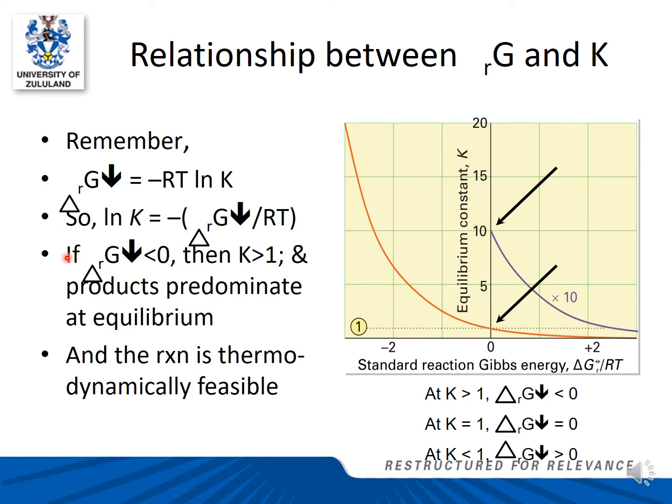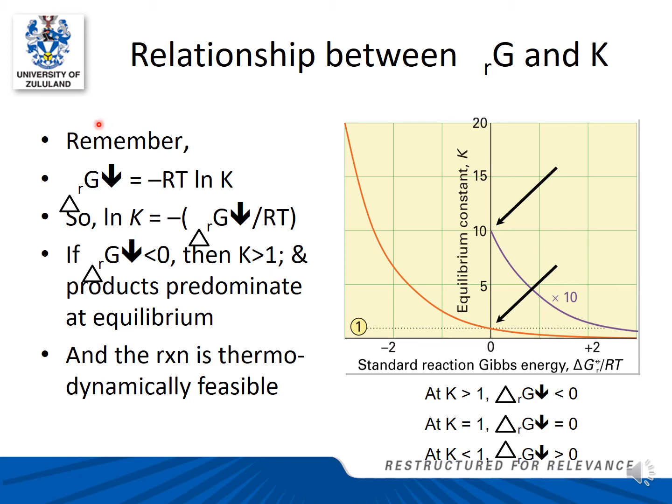But if we want to summarize this particular slide using the graph on the right-hand side, we can see that when the value of K is greater than 1, it means that the reaction Gibbs energy will be less than 0.